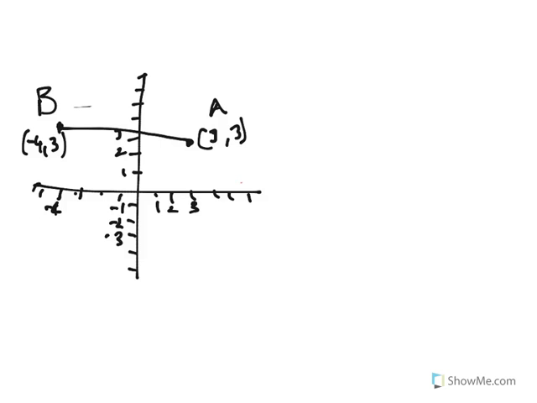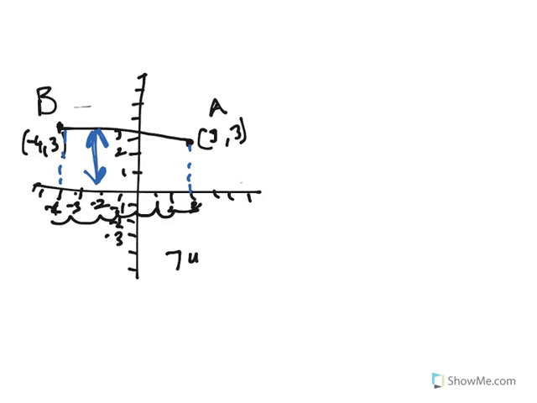If we connect these two, now this line is parallel to the x-axis. So we can just count the number of spaces that it takes up, right? We have 1, 2, 3, 4, 5, 6, 7.